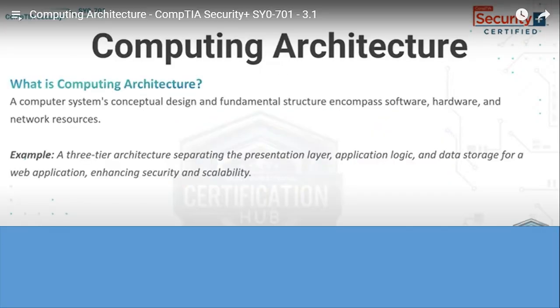Firstly, we need to understand what computing architecture is. So let's begin at the core. Computer architecture is the design blueprint of a computer system: how the CPU, memory, input/output devices, and the data path work together. We have several models, but most systems today use the Von Neumann architecture, where instructions and data share the same memory.